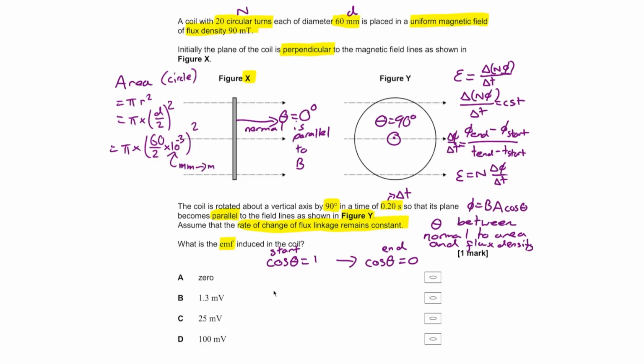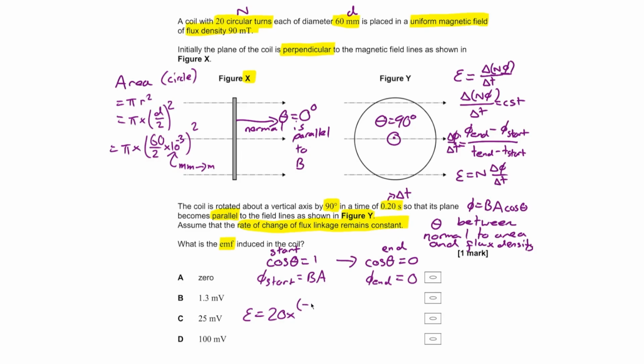So with all this in hand, we know that phi end, because cos theta is equal to 0 and phi is proportional to cos theta, is equal to 0. So what that means then is that to calculate epsilon, we do epsilon is equal to n, which is 20, multiplied by minus phi start, where phi start is just given by b times a.